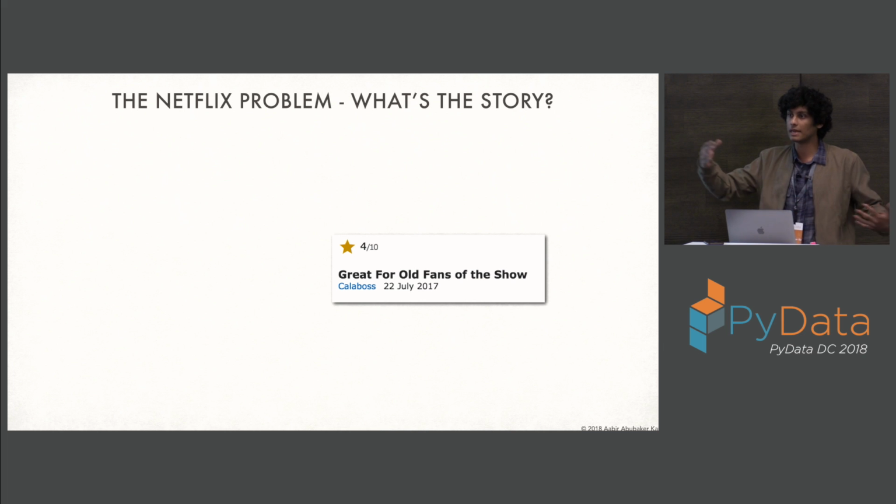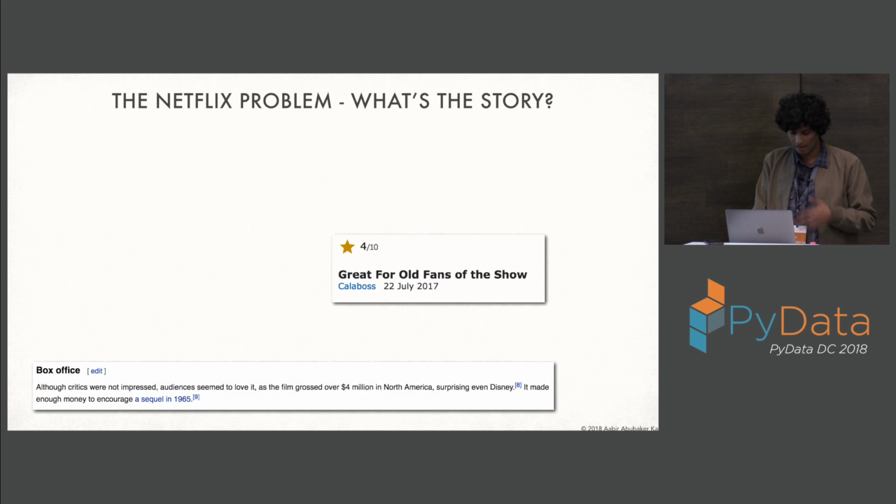And that really explains variance in your database, right? This is from Wikipedia: Although critics were not impressed, audiences seem to love it. Polarizing opinions, things that are really different for different kinds of audiences. And that really pulls your space apart. That means that there are some people in that corner of the room and some people in that corner of the room. And that's the most information.